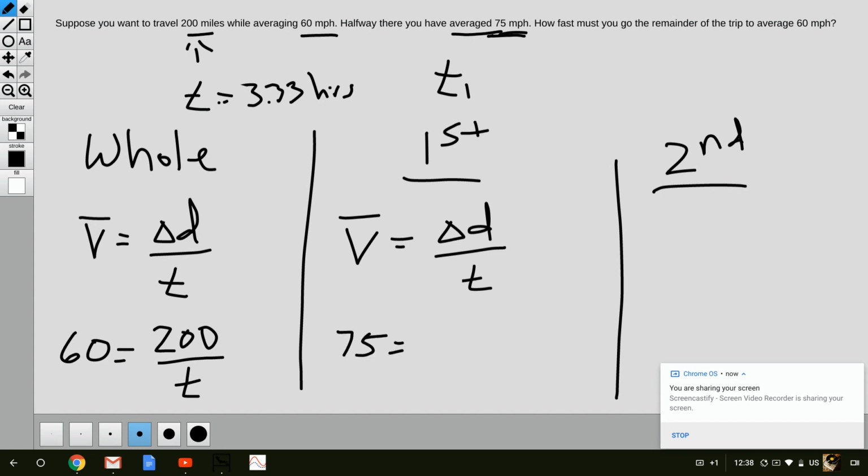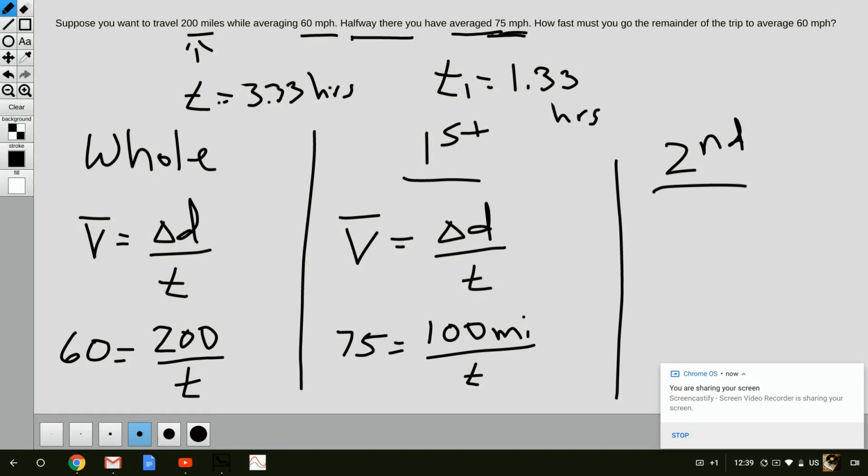Halfway there, you should be able to figure out in your head that halfway there means 100 miles, right? That does not refer to time. That refers to how far you've gone. And so when we do this, 100 divided by 75, I believe, is 1.33. But again, I'm going to run it through the calculator and make sure I know what I'm talking about. And it is. It comes out to be 1.33 hours.